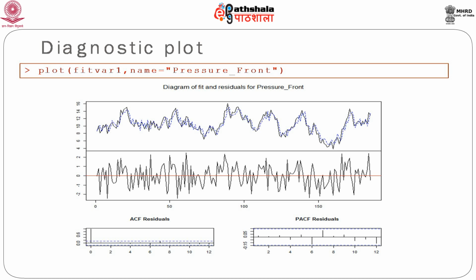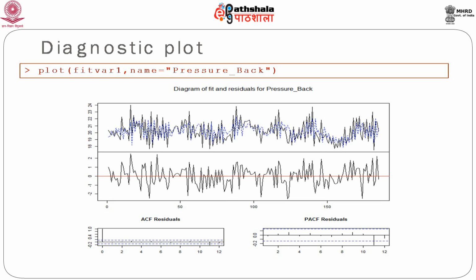The other two plots indicated here are the ACF of the residuals and the PACF of the residuals. Both indicate that no significant autocorrelation exists in the residuals. That indicates the fit is quite good.